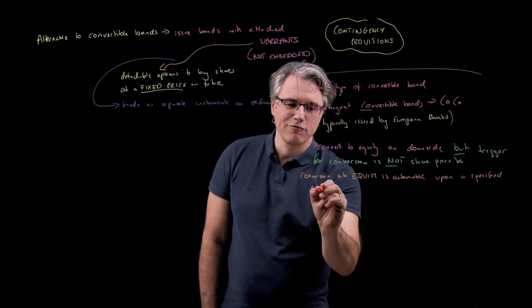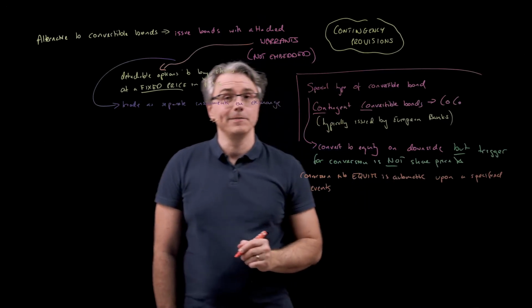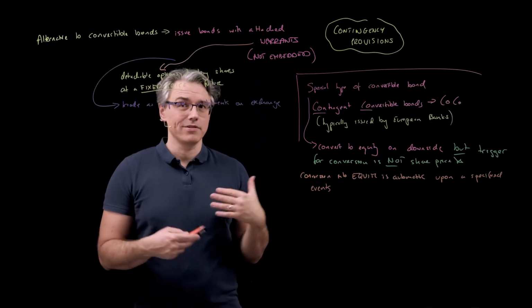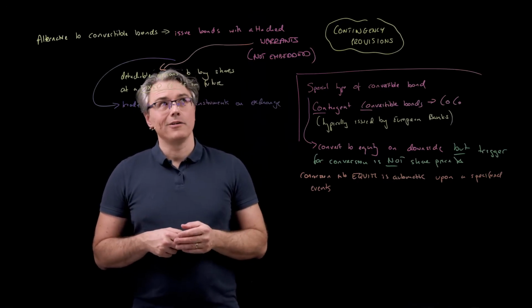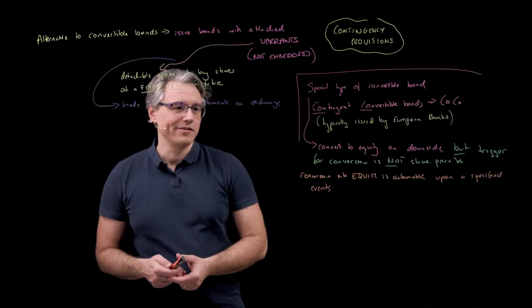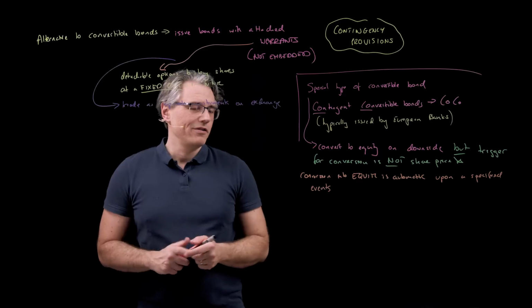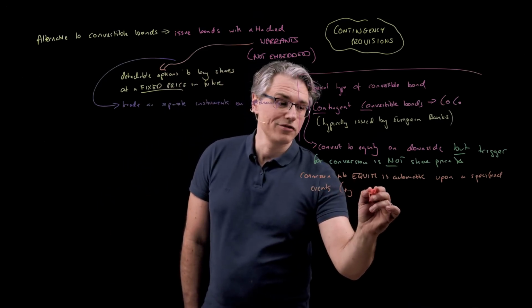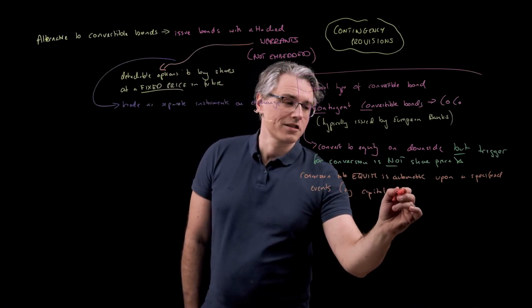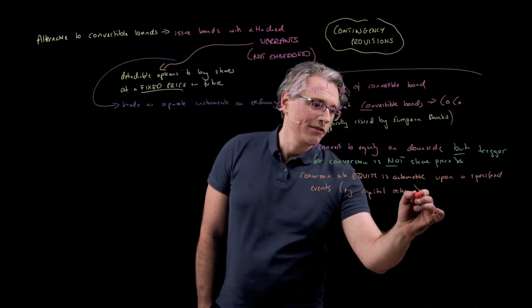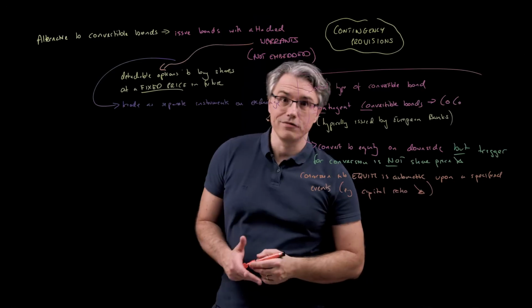And these types of bonds have hugely extensive documentation describing these triggers, and they're much more complex and complicated than standard bonds. So upon a specified event, and this is often the capital ratio, which is an expression of how much capital a bank has, going down below a certain threshold level.